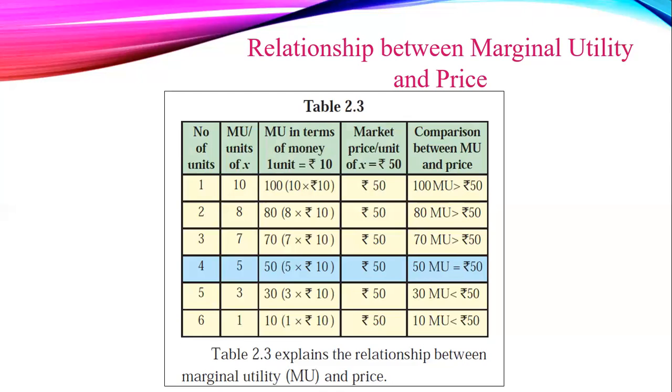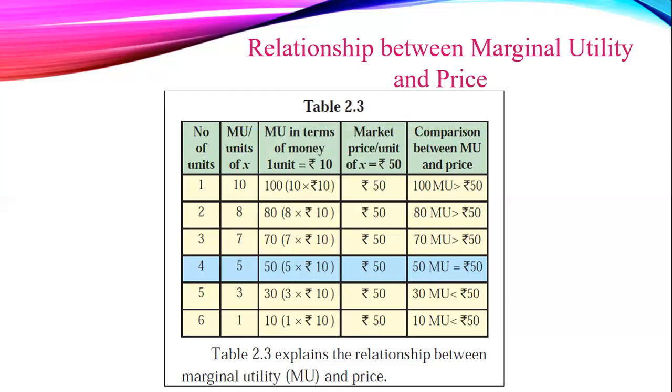Second point, marginal utility, which is added to his stock, goes on diminishing with every further unit consumed. Third point, when MU is converted in terms of money, one can easily compare it with market price, which is shown in column 5.